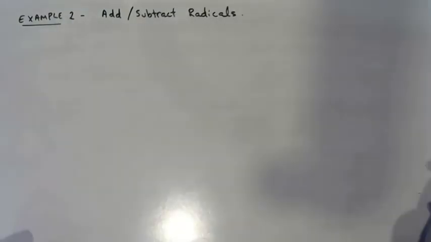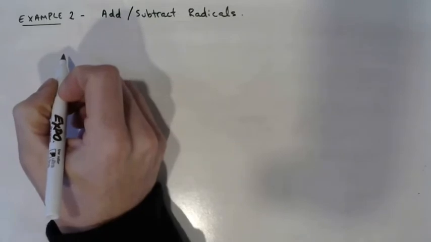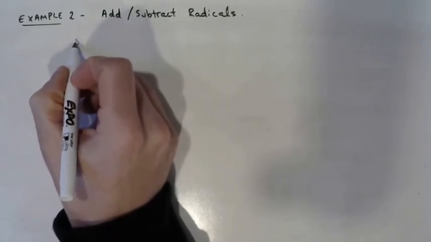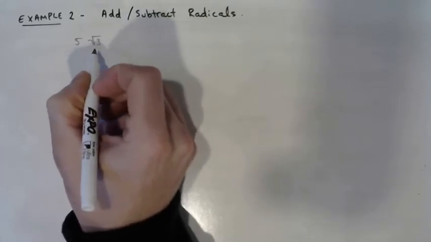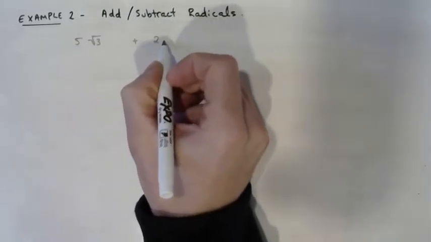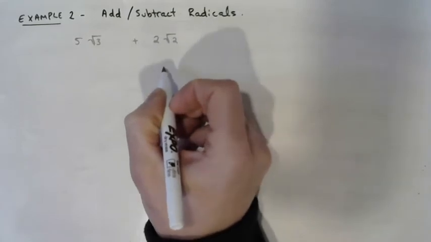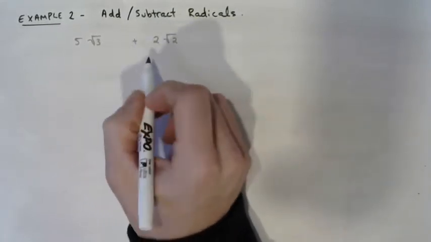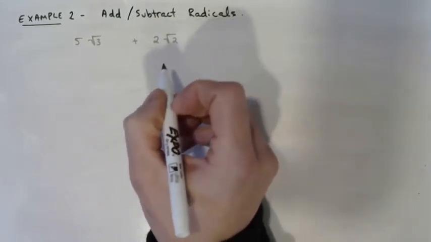Radicals work in the same way. So you can only add values that have the same radical. For instance, if you have 5 radical 3's and you have 2 radical 2's, you cannot add those up. It's not 7 radical 3's or 7 radical 6's or 7 radical 5's or anything crazy like that.